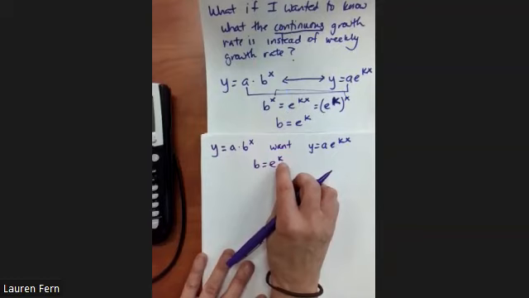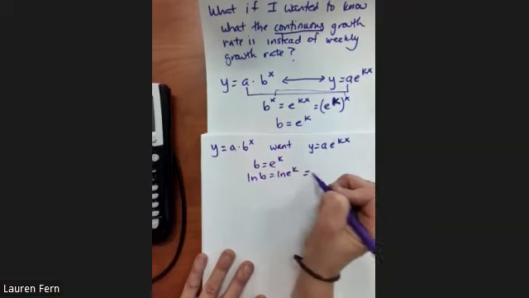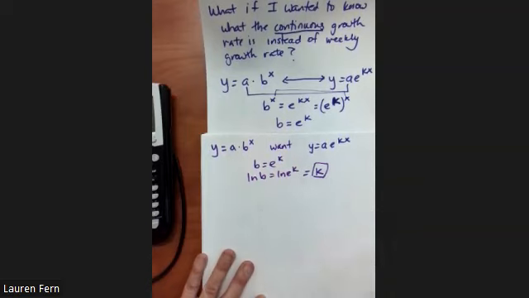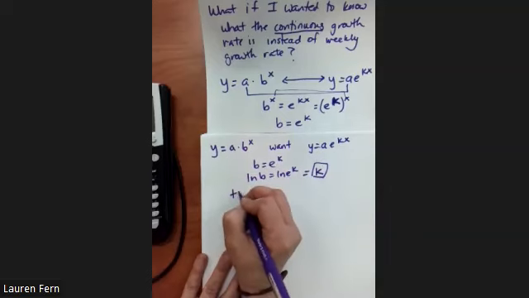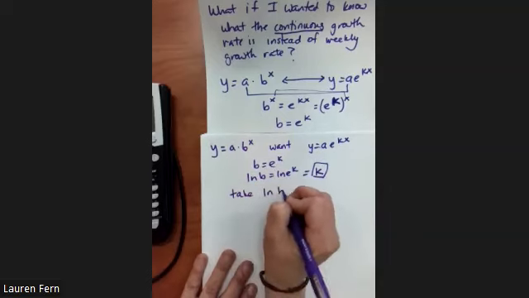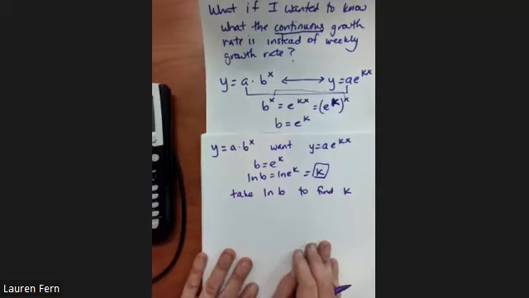You take the natural log of both sides, and doesn't that give us our value of k? So if you're starting in this form and you want that form, you take the natural log of b to find k.